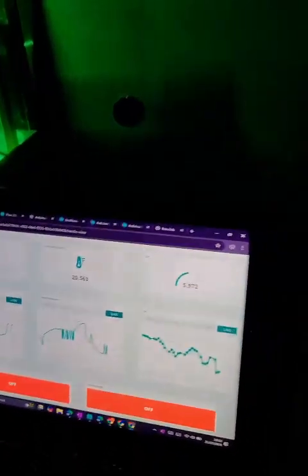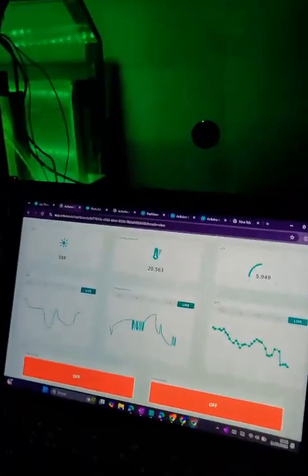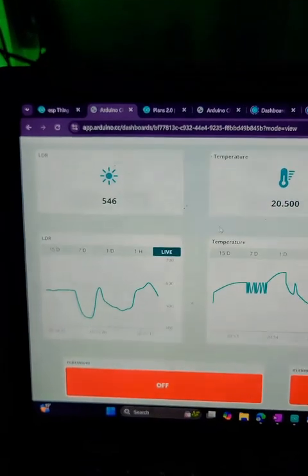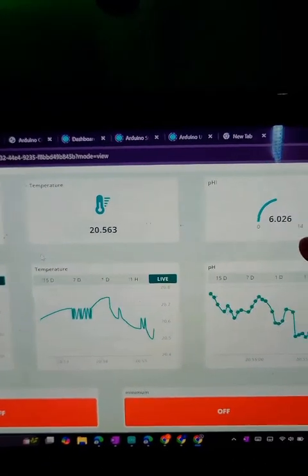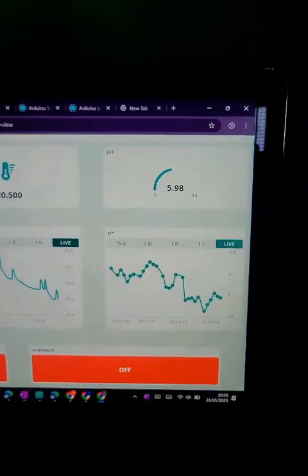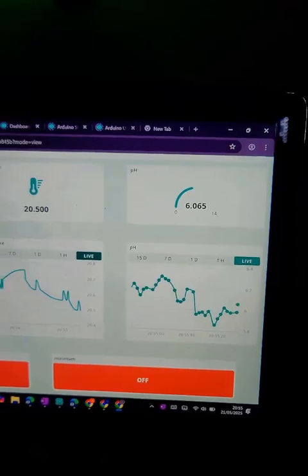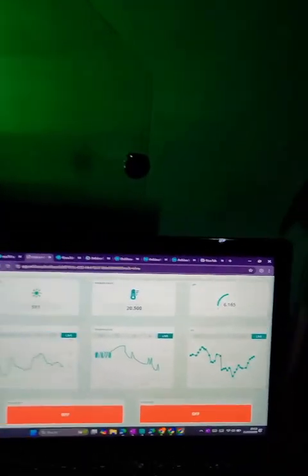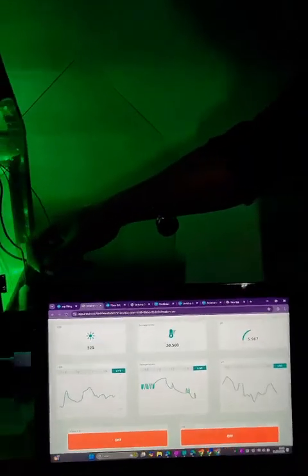So, now what I want to show you is the data acquisition of my project. As you can see, this is for the LDR value, this is for the temperature value, and this is for the pH value. So now the way it works is that this is uploaded to the internet, right? But you see how this is an LDR?